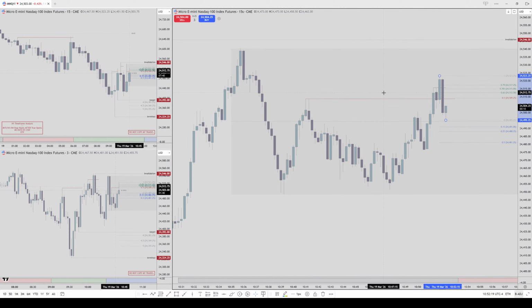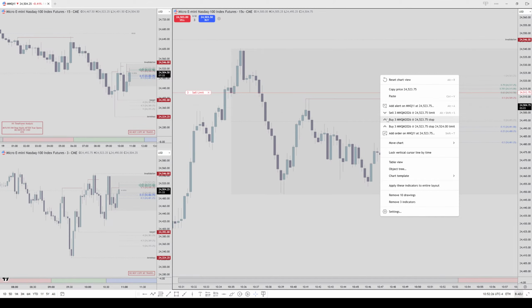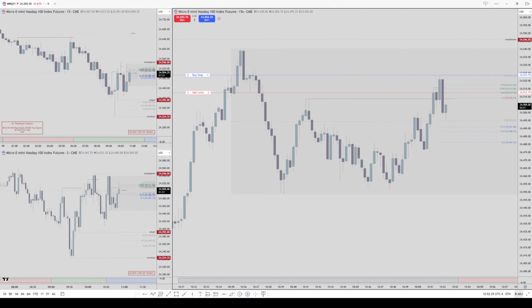Looking to enter at 62%. Sell 3. Buy stop. I'm going to adjust the orders accordingly later on.